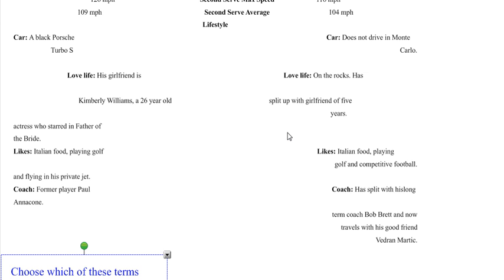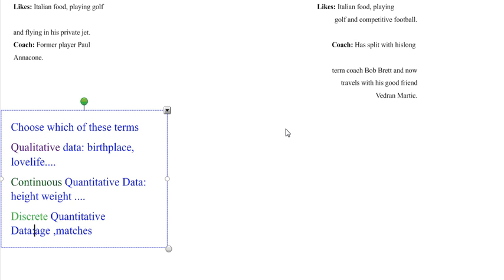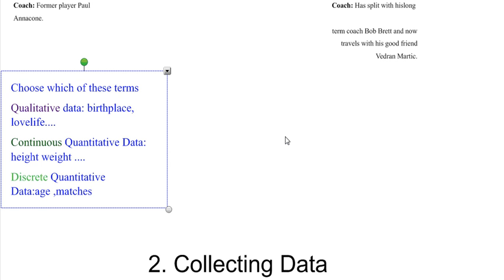Because it takes a specific number, like one, two, or three matches. We are talking about a specific value. Now we have these data, and we have to collect and display them.